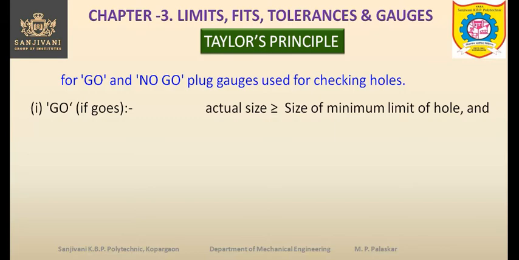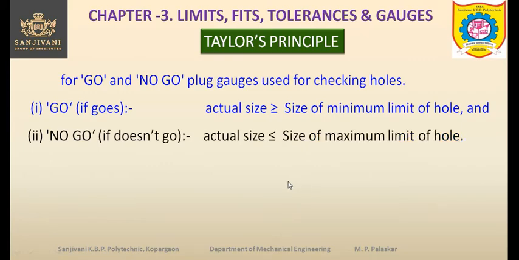We are checking the hole, and go must enter so that the size of the job is within the limit. If go goes, it indicates that the actual size of the job is greater or equal to the minimum limit of the hole. And if no go doesn't go, then the actual size of the job is less or equal to the maximum limit of the hole.